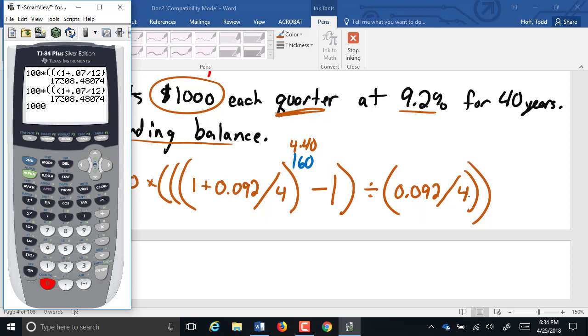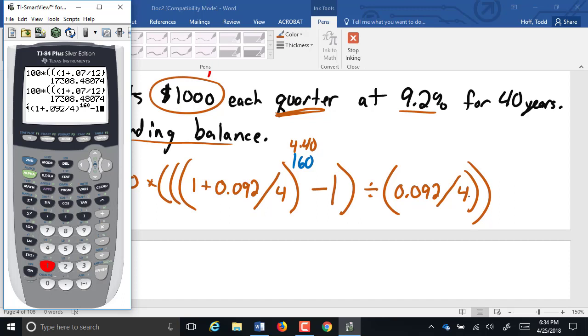So let's punch this in together. 1,000 times 3 open parentheses, 1 plus 0.092 divided by 4. Close parentheses. To the power of 160. I have to arrow out of it. Some of you may too.